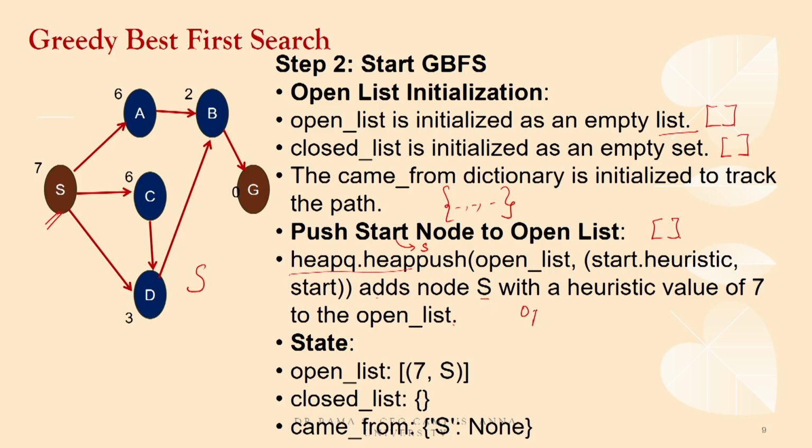So, our open list now will have 7 comma S. Now, the open list is 7 comma S and the closed list is initialized to empty, and for came_from, S has None. So, there is nothing as the parent for S.